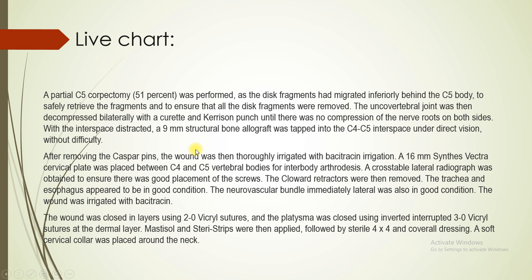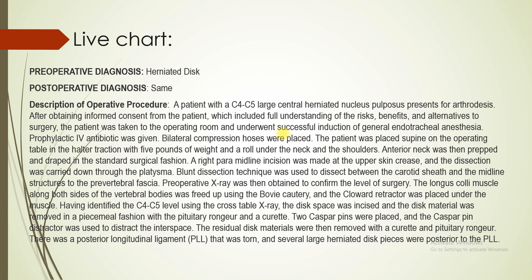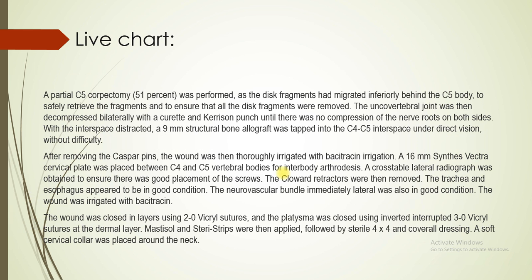Okay. So previously the physician has performed discectomy, correct? So in this paragraph the physician has performed the discectomy. Okay. So in order to compensate for the discectomy procedure, the physician has used the bone allograft. Okay. Structural bone allograft. Okay. So here also we have very important interview questions.